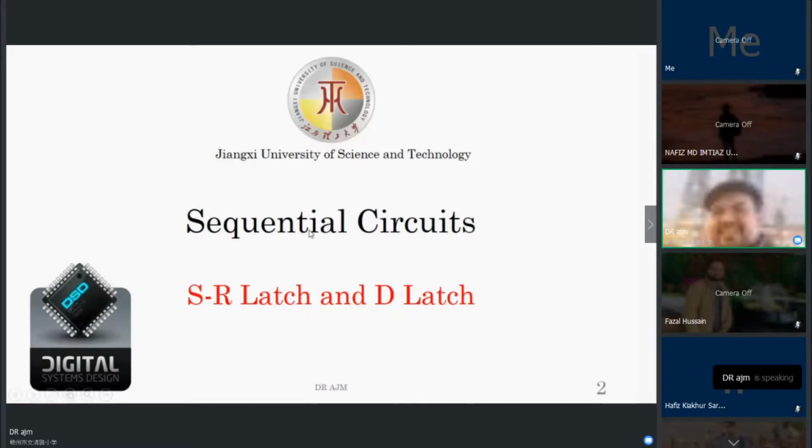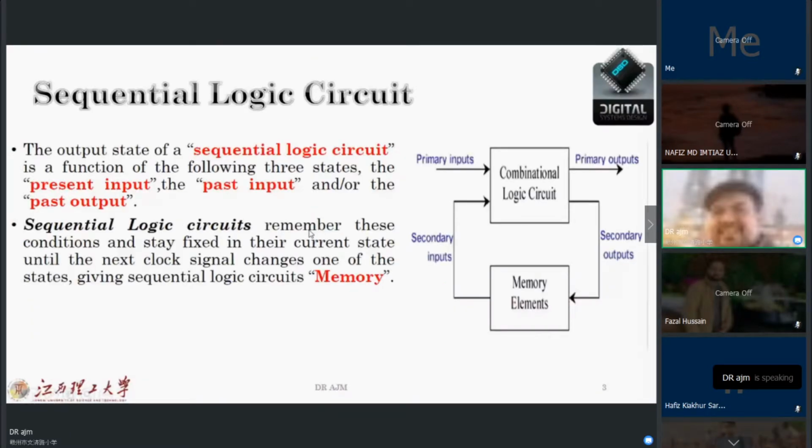first of all, we should again remind ourselves what sequential logic circuits are. As you can see, the output state of sequential logic circuits is a function of three parts: the present input, the past input, and/or the past output.